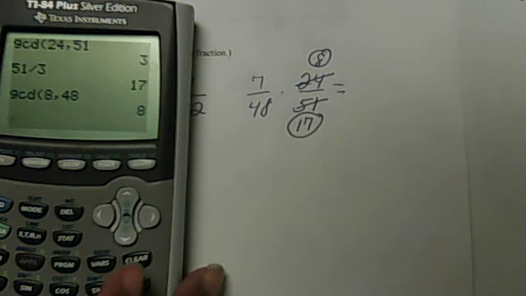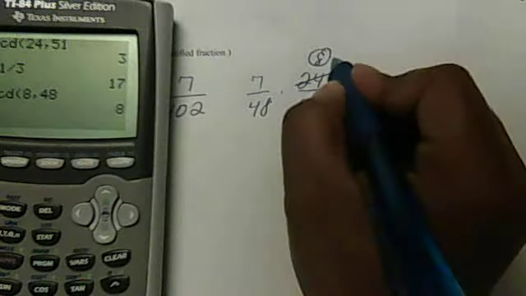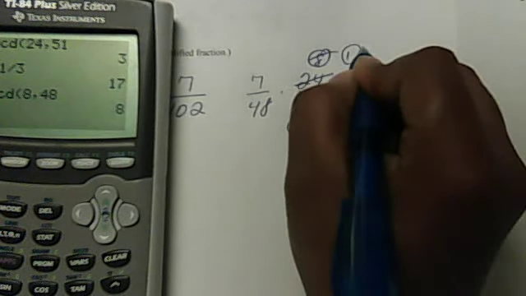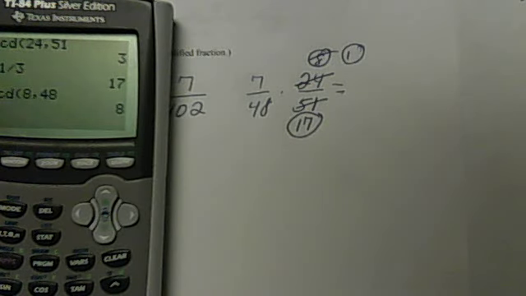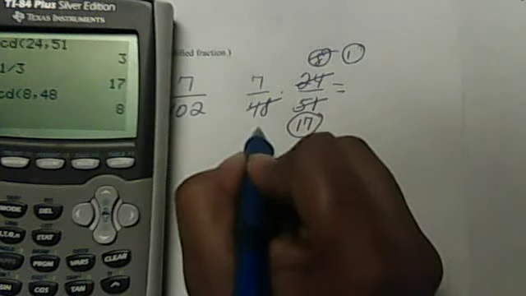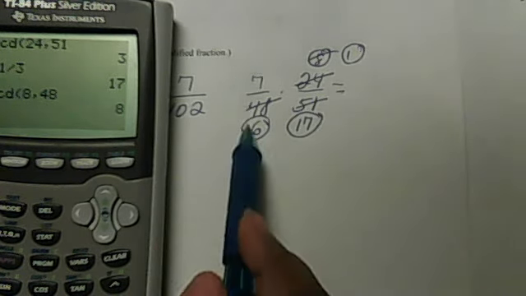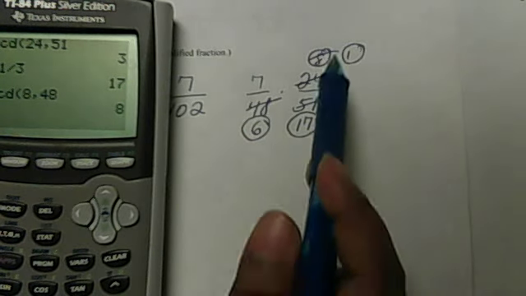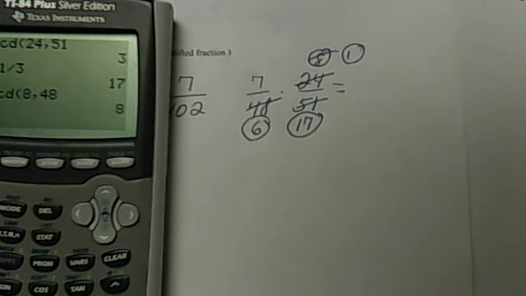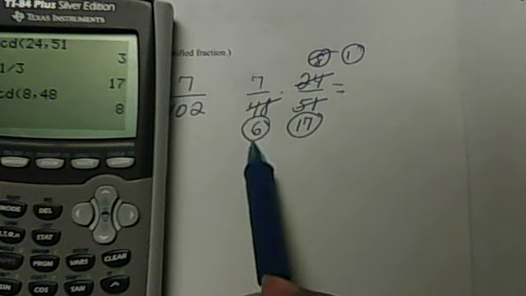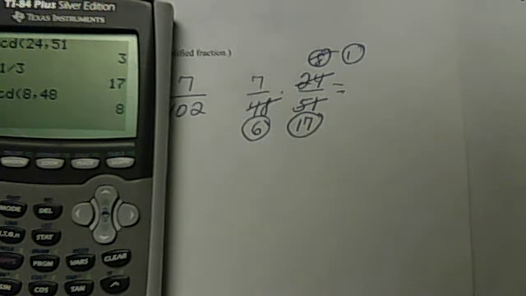And then I can cancel again. My 8 goes into 8 one time, right? And 8 goes into 48 6 times. Now everything is reduced because there's nothing else that can go into it. 1 doesn't reduce anything, and 7 and 6 don't have a common factor, neither do 7 and 17.